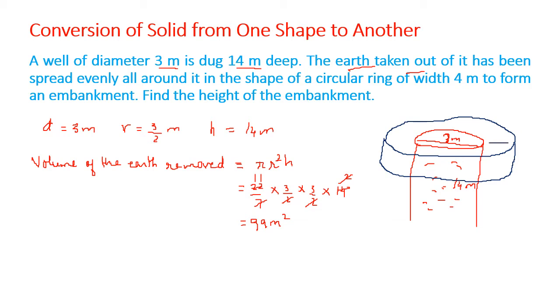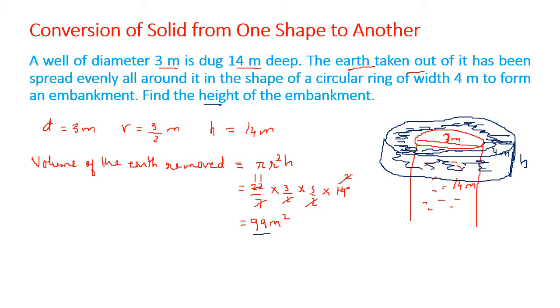So this width here, the mud we have filled as an embankment, is 4 meter. And we have to find the height of the embankment, that is h. To how much height is it possible? Whatever earth you removed here is spread into this blue diagram which you can see. So you have to find the volume of this blue part, the embankment.